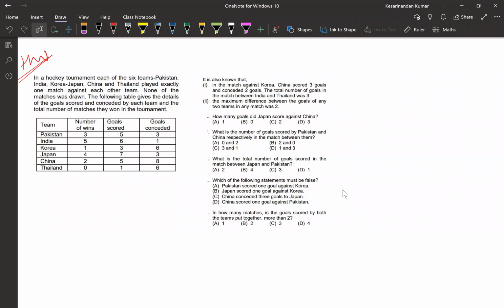So please see to it that you solve this question as well. This has a total of 5 questions. And I want the detailed solution, not just direct answers. I want all your rough work, however shabby it is, I don't care. And you have time till the next session.